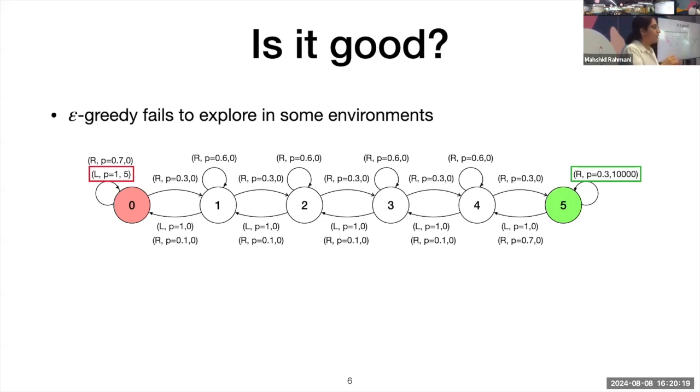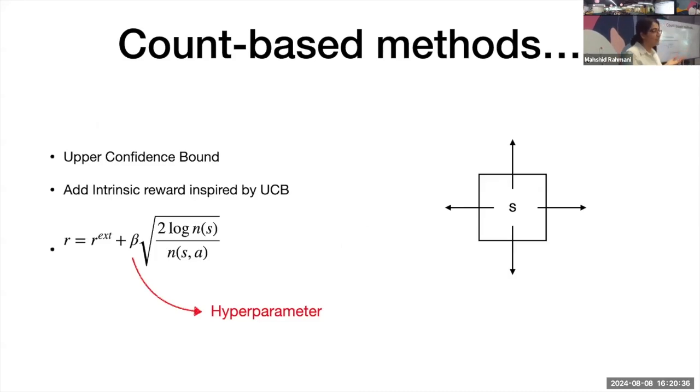And there's only a 30% chance that you can advance with that. You do the math, it will take epsilon really a long time to explore and reach the right side, which is the main reward. So there are other methods we can use.